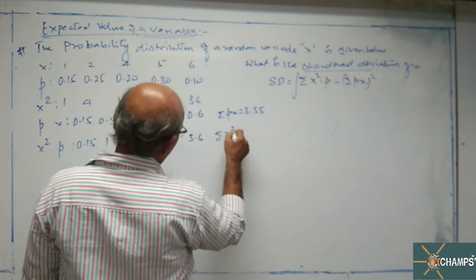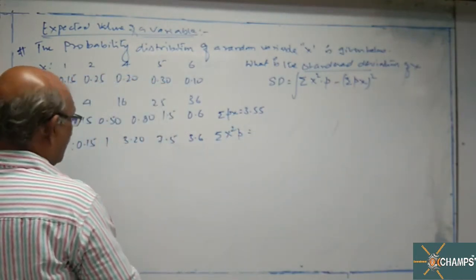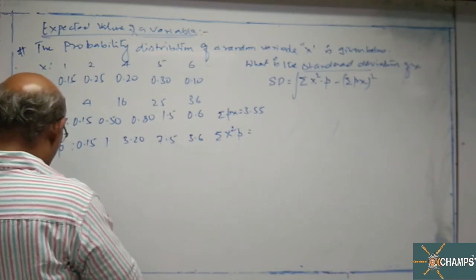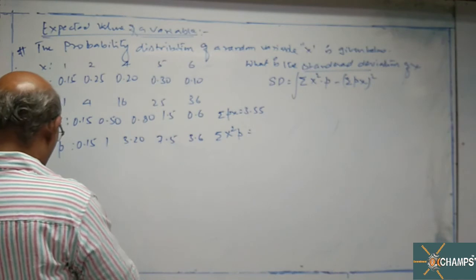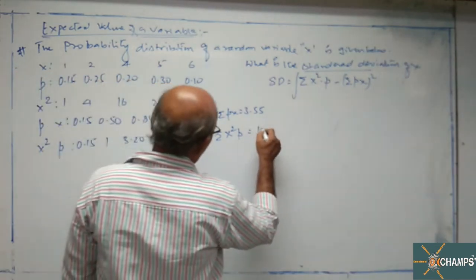Now the total of x square P is 3.6 plus 7.5 plus 3.20 plus 1 plus 0.15, which is 15.45.